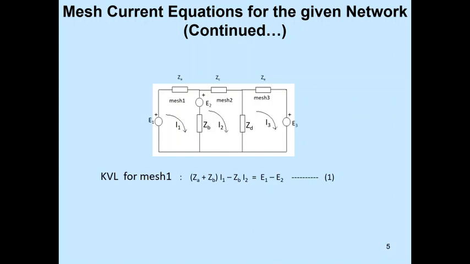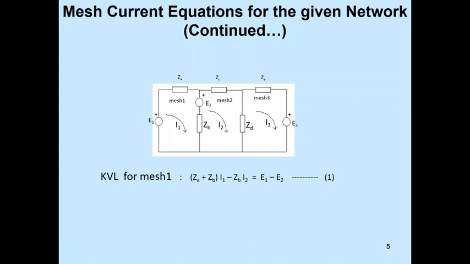How is it obtained? In ZA, the current I1 is flowing. In ZB, the current I1 minus I2 is flowing, since I1 and I2 flow in opposite directions in ZB. For the mesh 1 equation, we apply Kirchhoff's voltage law: mesh 1 is a closed loop and the algebraic sum of all the voltages is equal to 0.